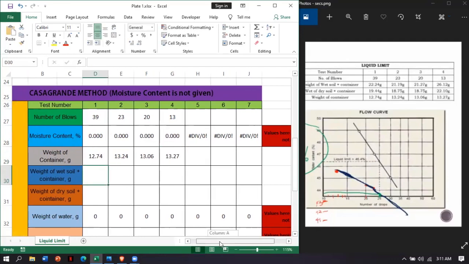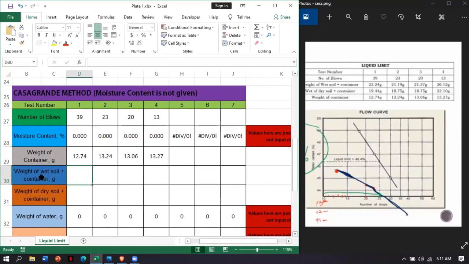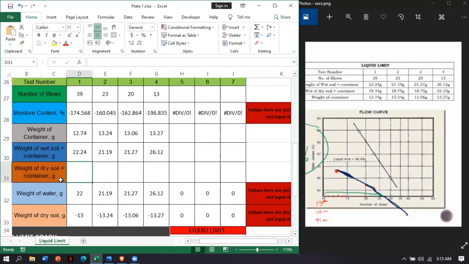For the weight of the wet soil plus container, we have 22.24, 21.19, 21.27, 26.12.